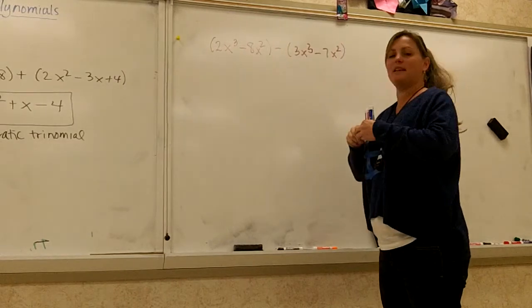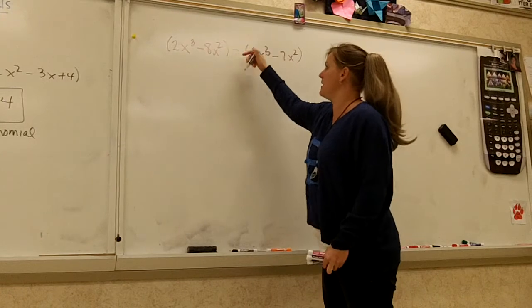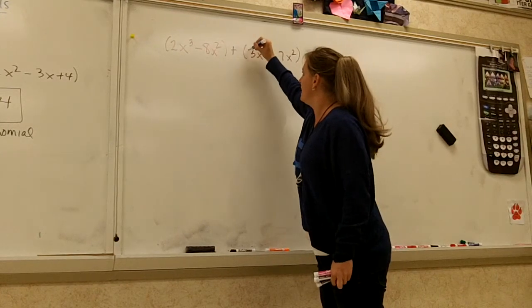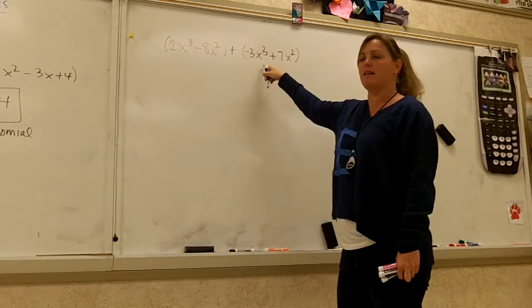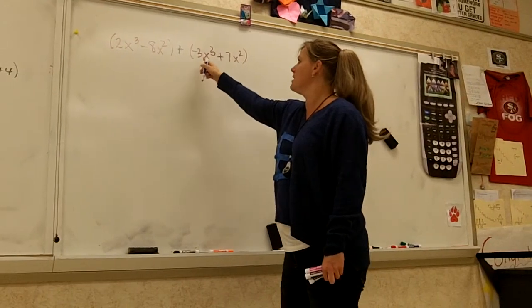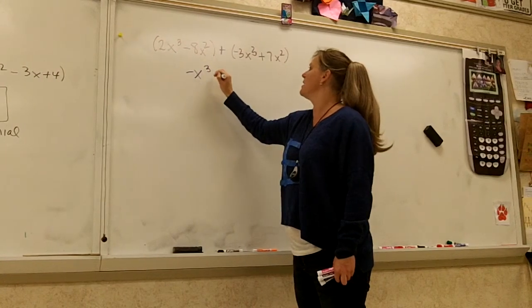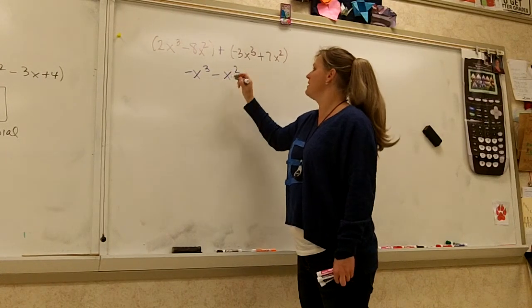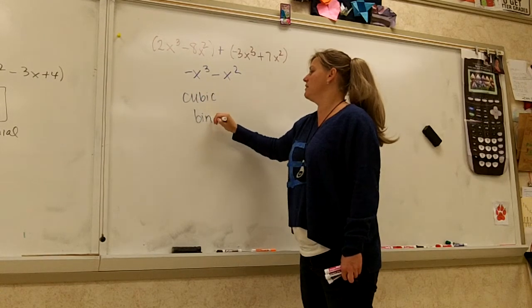So now the only thing that you have to remember to do on this is kind of a no-brainer: I'm going to make this a positive sign and distribute that negative sign through. So that just means I'm going to change the sign of everything inside these parentheses. Combine like terms just like I did in the last problem. So negative x cubed minus x squared. So we would say that we have here a cubic binomial.